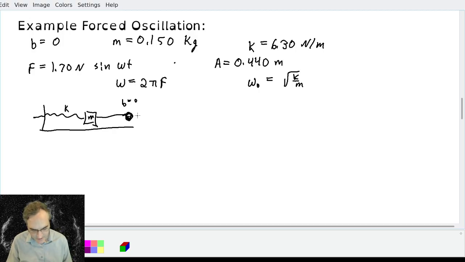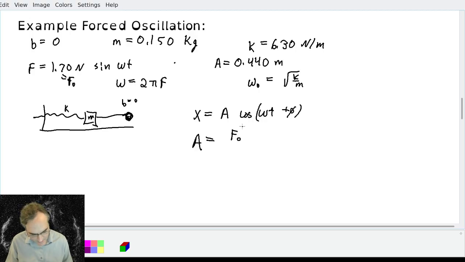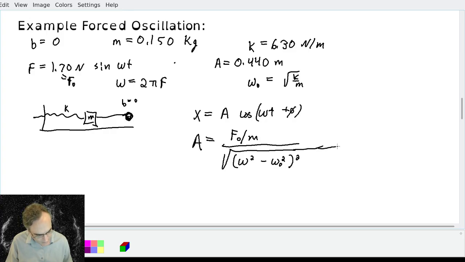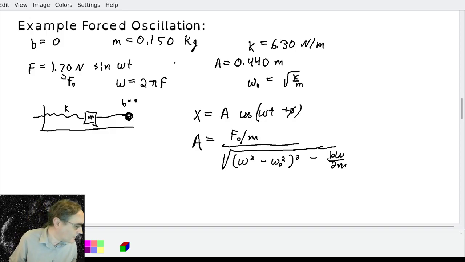There's really no good way of getting at the answer except that we know it's going to follow some kind of x is a cosine of omega t, possibly plus a phase. And the amplitude is going to be a complicated thing itself. It's going to be f naught divided by the mass over the square root of omega squared minus omega naught squared, the whole thing squared, and then plus b omega over m, squared.